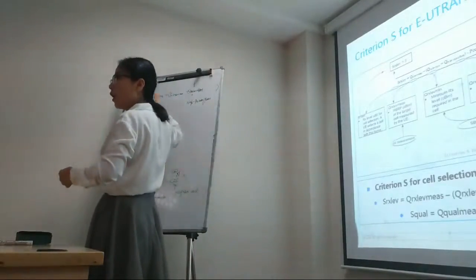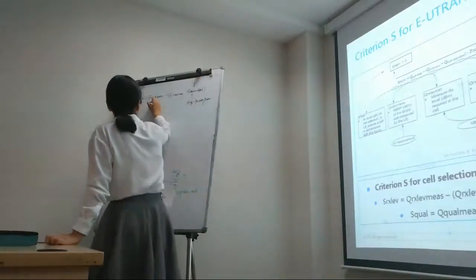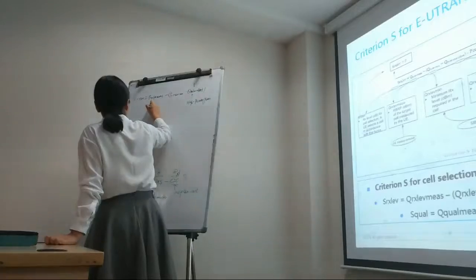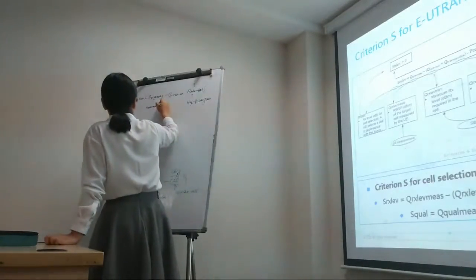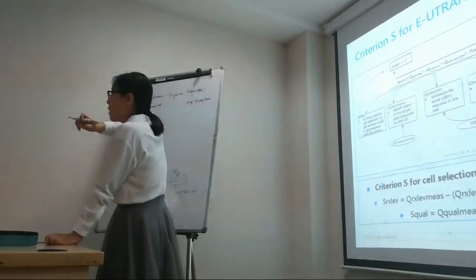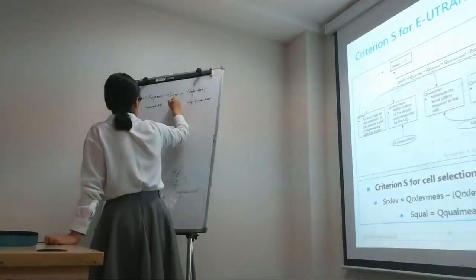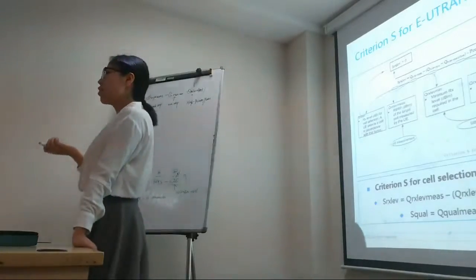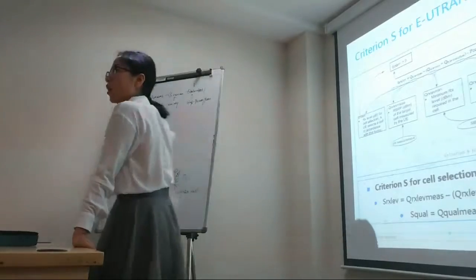So this part is the measured SRP, and this is the minimum we set. If we only consider the network, we don't consider the UE, it's okay.